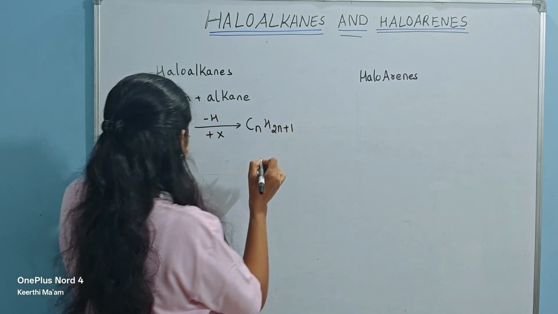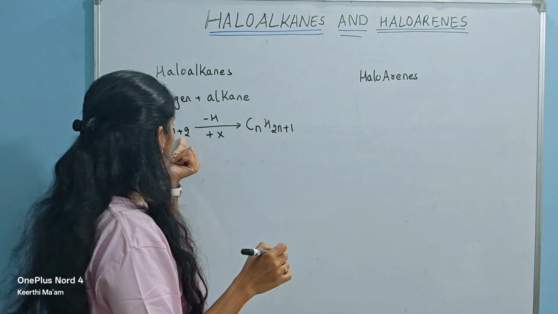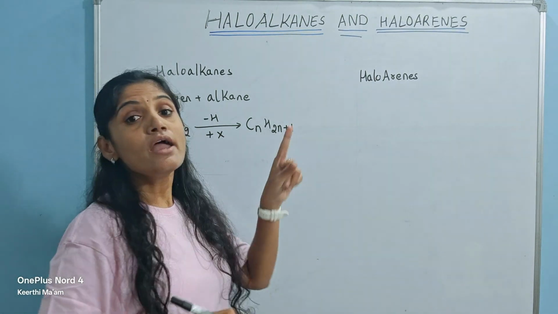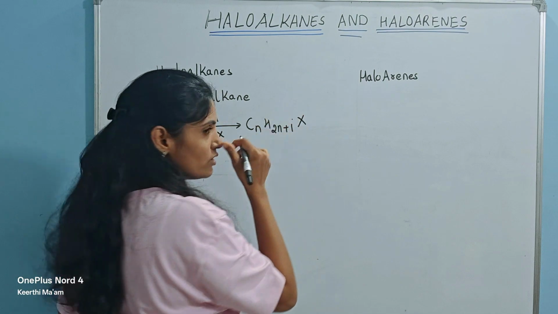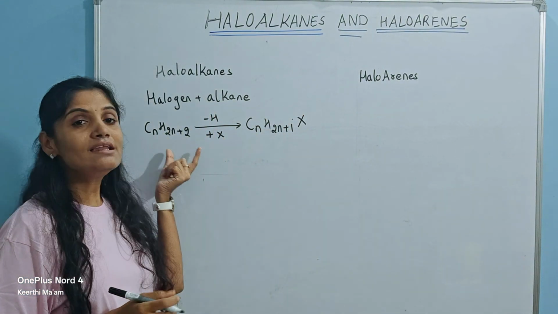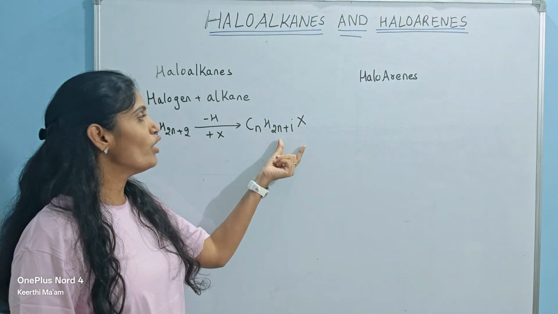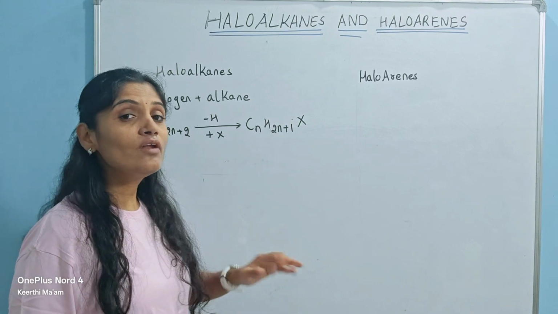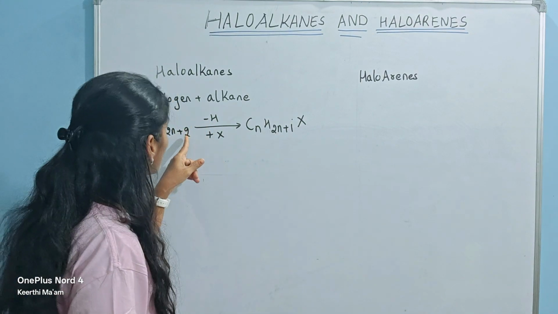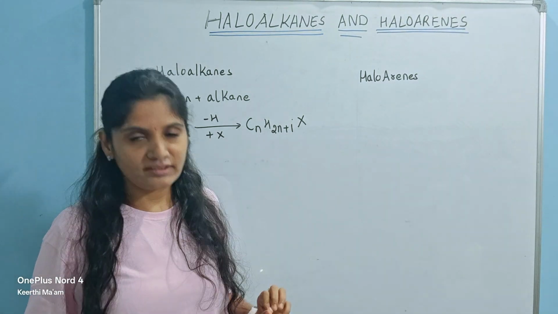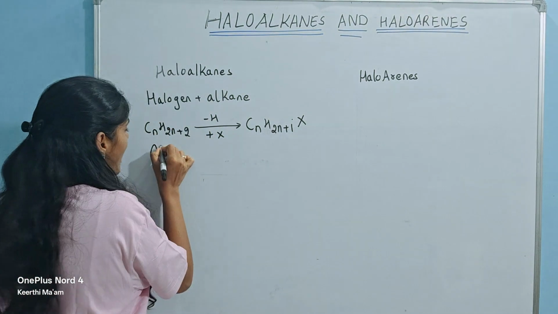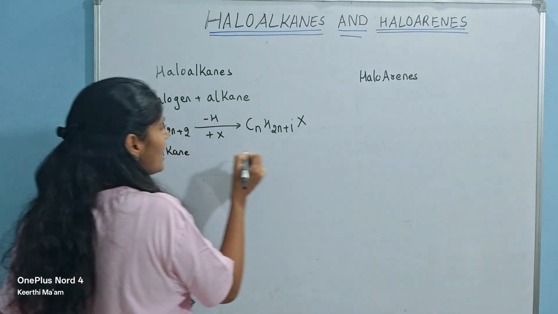One hydrogen is removed, so here instead of plus 2, now it is plus 1. Instead of one hydrogen, I got a halogen. So what will be the general formula of haloalkane, which I got by replacing one hydrogen with halogen? CnH2n+1X.